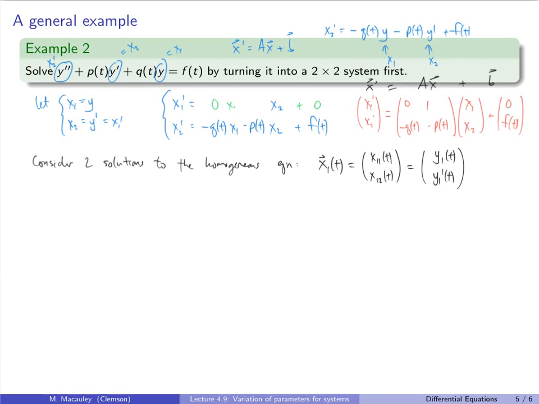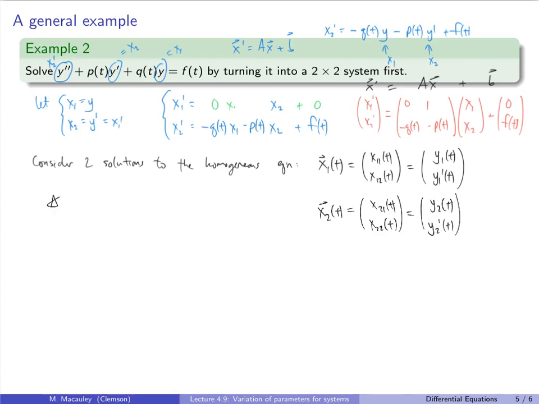And finally, we have x2 of t, which is x21 of t and x22 of t. So if we have a solution like this, it is of the form some function y2 of t and its derivative y2 prime of t.